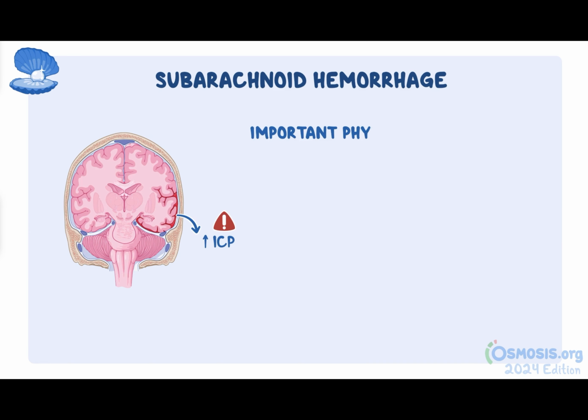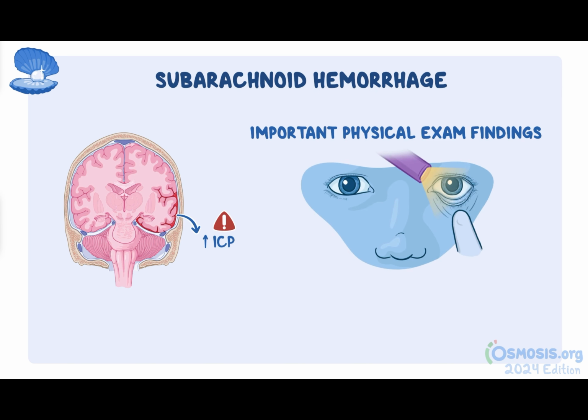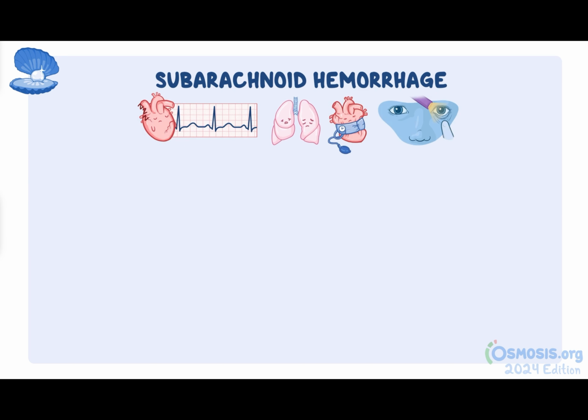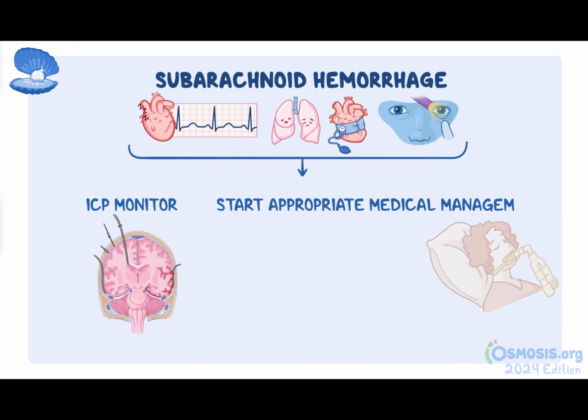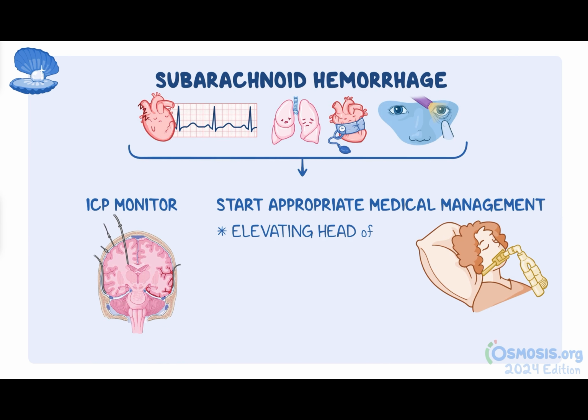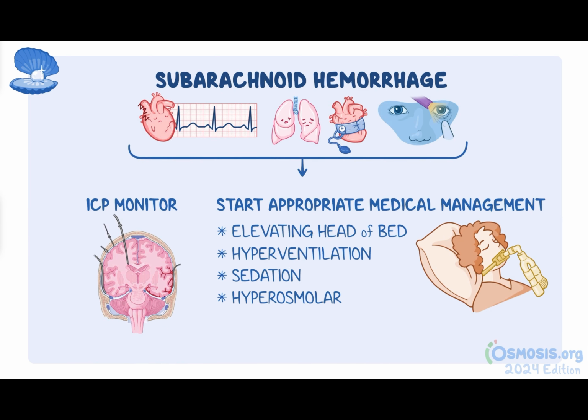Moreover, important physical exam findings associated with dangerously high ICP and potential brain herniation include dilated pupils that are unresponsive to light. If you notice any of these signs, place an ICP monitor and start appropriate medical management, which includes elevating the head of the bed, hyperventilation, sedation, and hyperosmolar therapy.